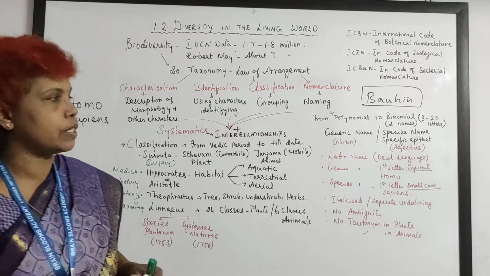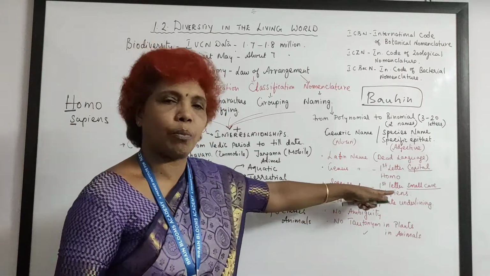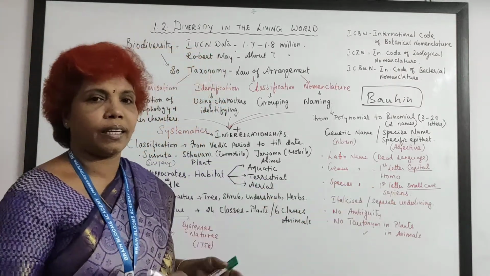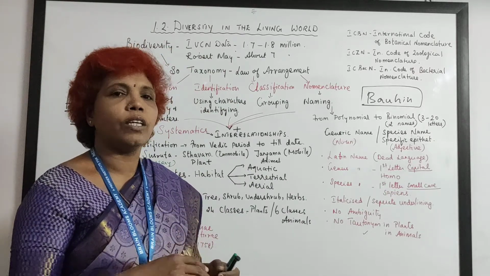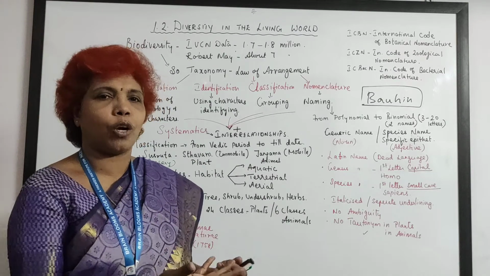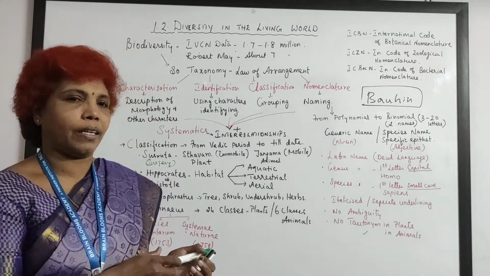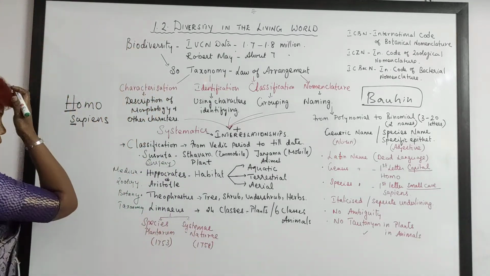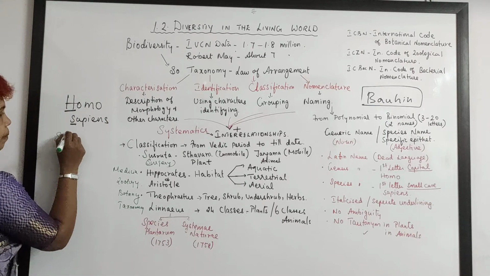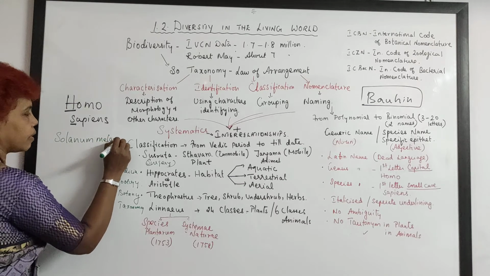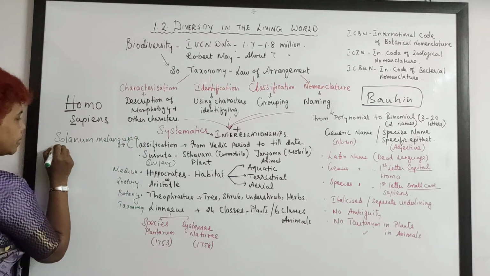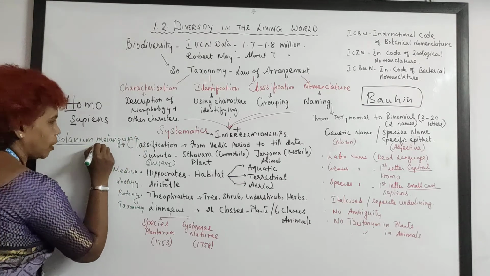The species name should be written in small case, and generally it should be italicized when you print or type it, but that's not possible when you write by hand. For example, if I write Solanum melongena, I can just underline this separately and this separately.